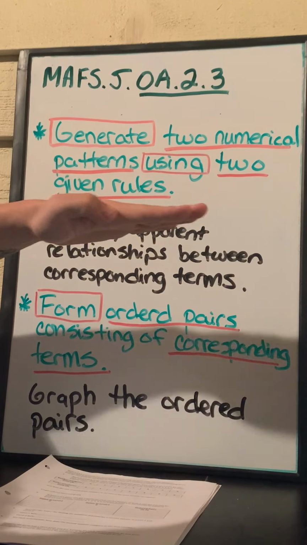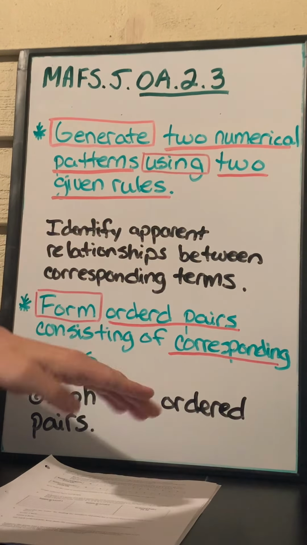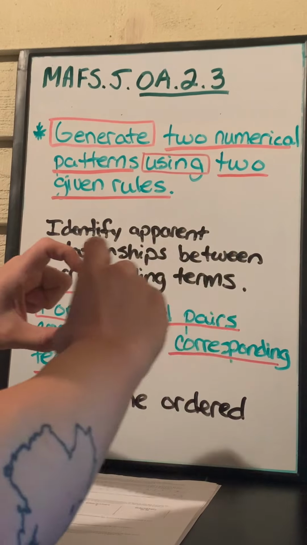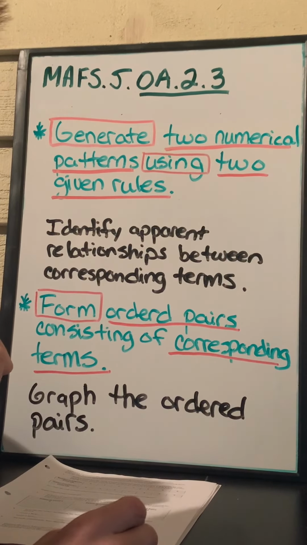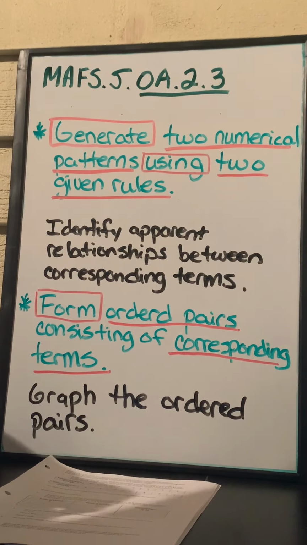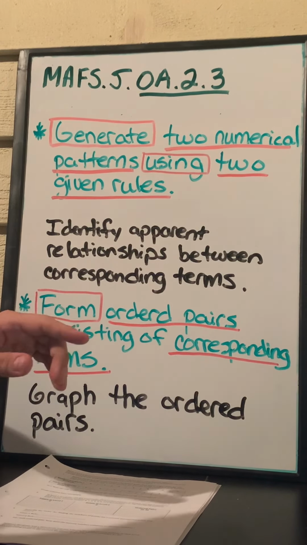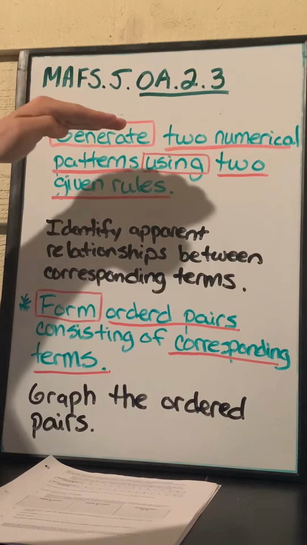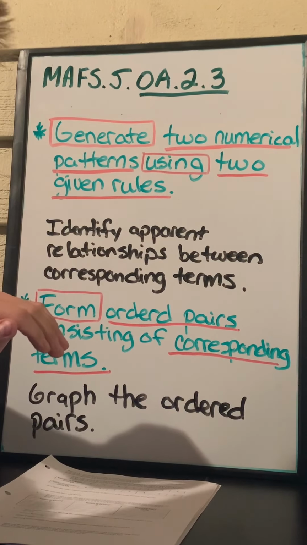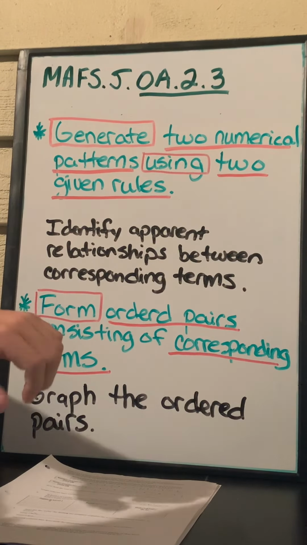Like you're going to have a set of one set, two sets, three sets, and the ones that are related are corresponding terms. And finally, at the end, we're going to be graphing these ordered pairs. So as we go through these examples today, just make sure we're focusing on generating these patterns and understanding that they form ordered pairs.